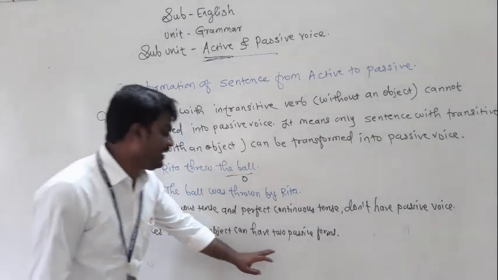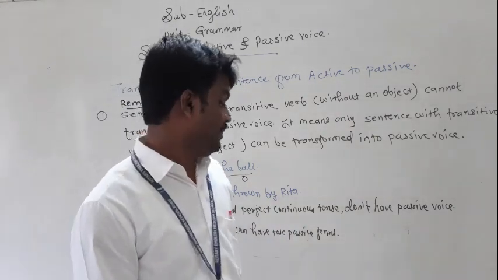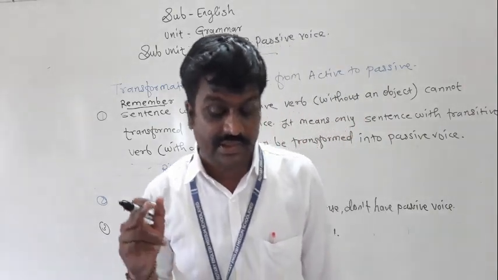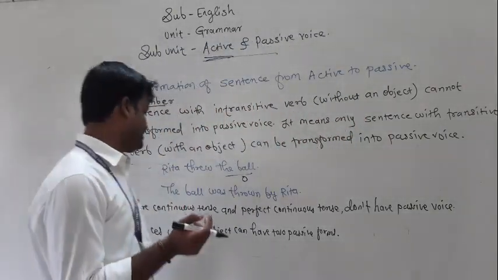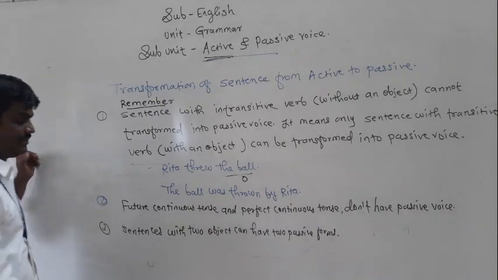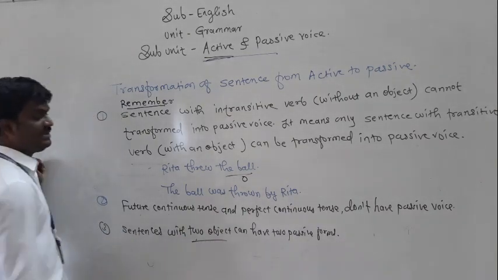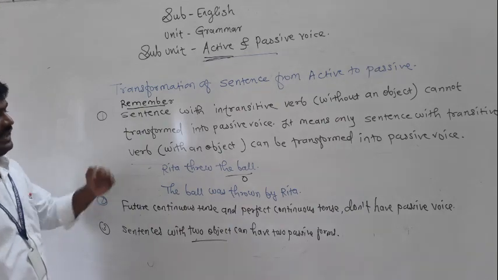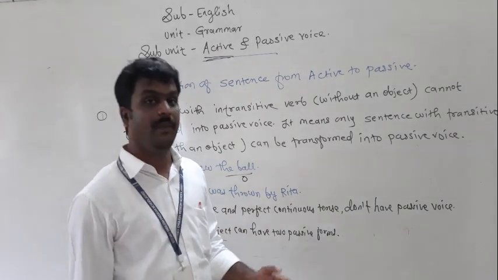Sentences with two objects can have two passive forms. See, we can say that it is ditransitive. Two objects means here ditransitive.